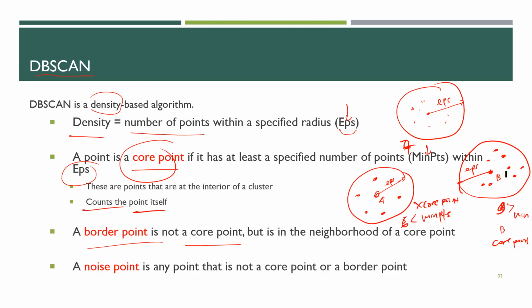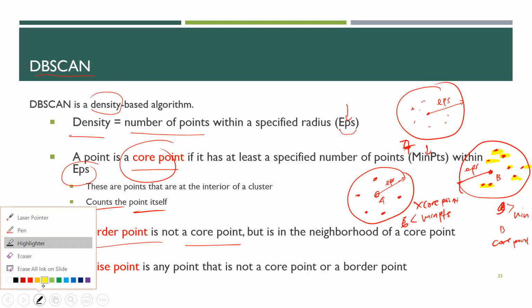B is a core point, so the border point is the neighbor of the core point. Then we have the noise point. A noise point is a point outside, not a core point or a border point.